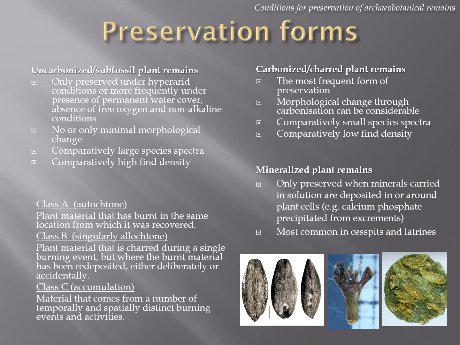Therefore, mineralized remains are commonly found in middens, cesspits, latrines, sewerage systems, and comparable conditions, and help to reconstruct what people were eating. Mineralization by metal oxides such as copper and iron is also possible, although such preservation conditions considerably change the appearance of seeds.